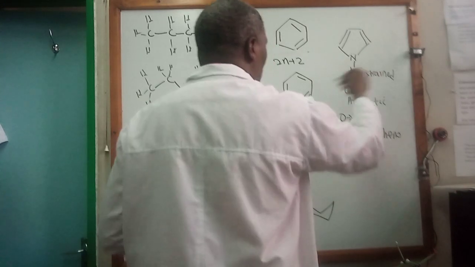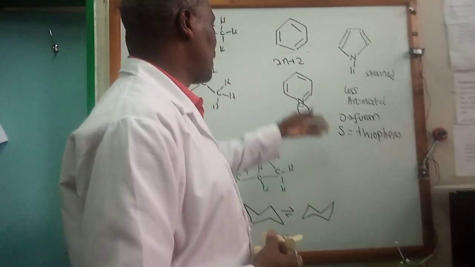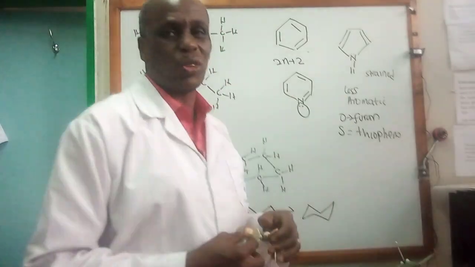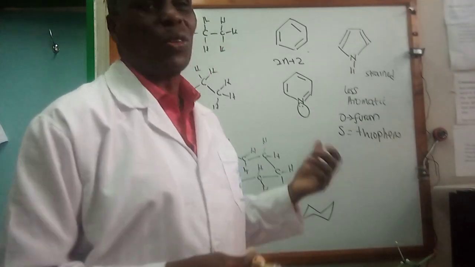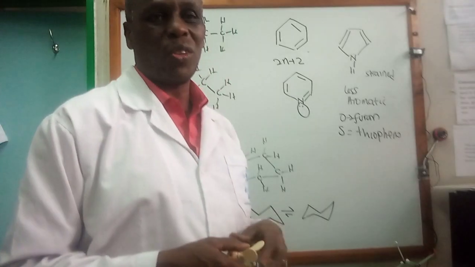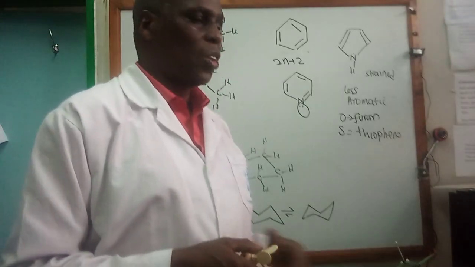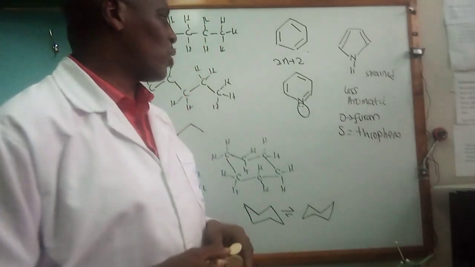You're going to see they have less aromatic character than the six-membered ring, which in this case we call pyridine. All those things are at the beginning of the module, where you'll see the patterns for aromaticity.